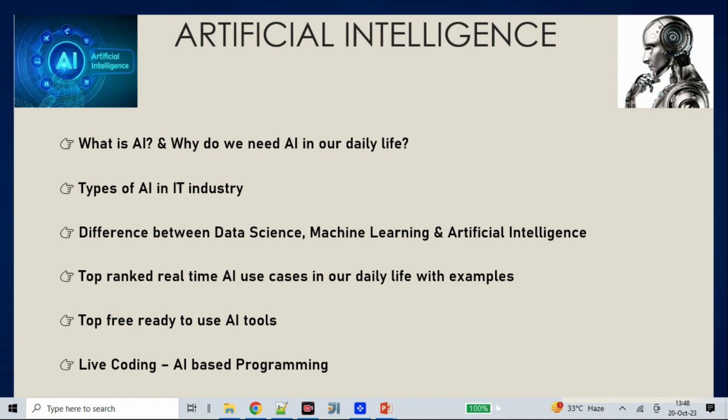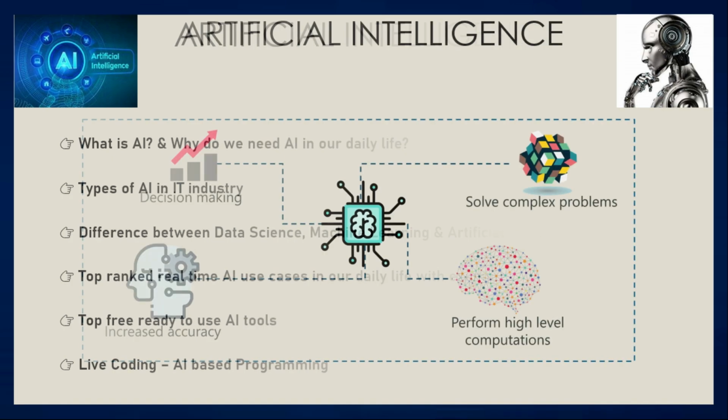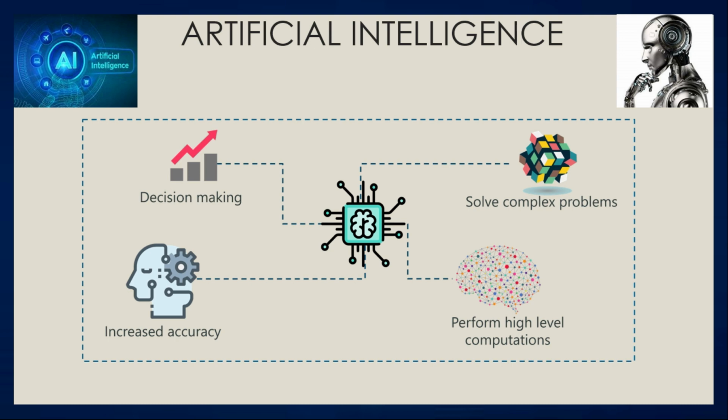Okay, with that said, let's move on to the next slide. So now we are going to see what is artificial intelligence. As you might have already googled it, it's pretty simple. It is the development of computer systems, or making computer systems train to be like human intelligence. Mainly it needs to do some kind of decision making, or solve complex problems, or sometimes perform high-level computations.